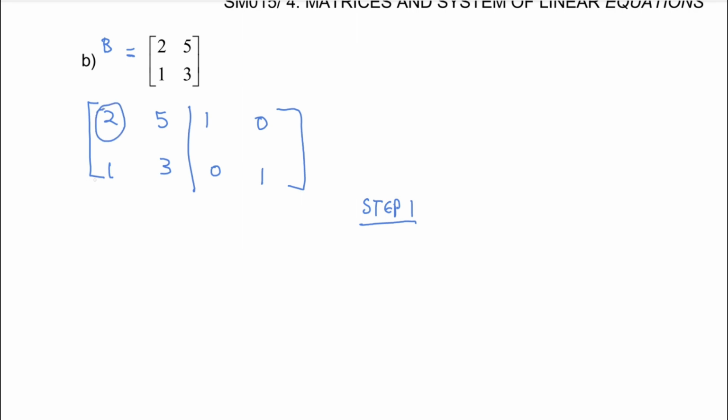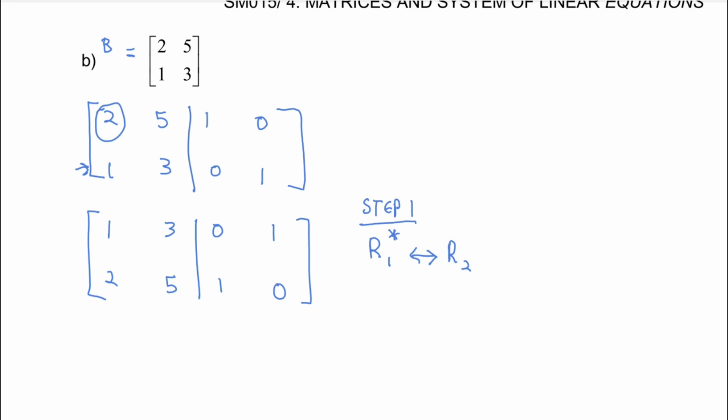As you can see, here is 1 already, so you can use interchanging rows: row 1 you change with row 2. Everything in row 1 you change into row 2. So 1, 3, 0, 1, 2, 5, 1, 0.